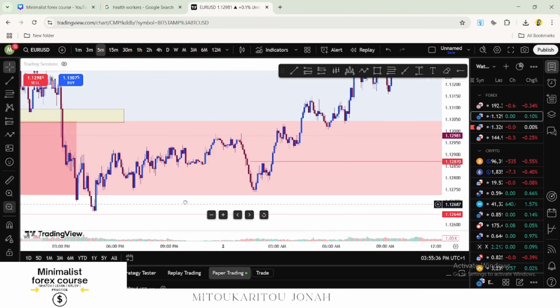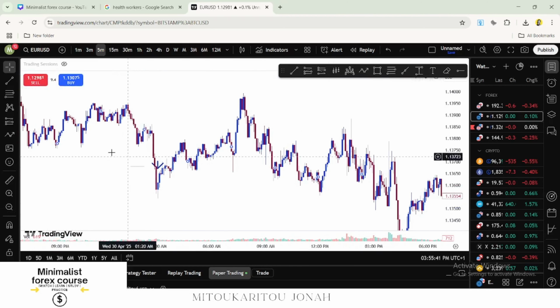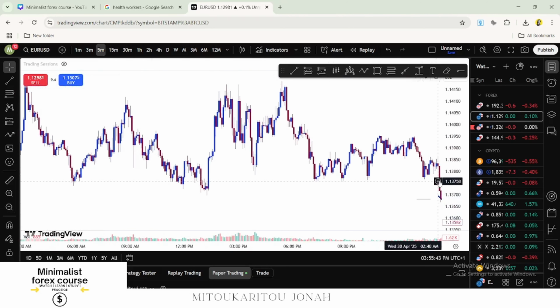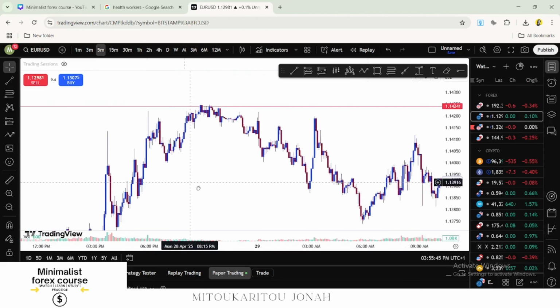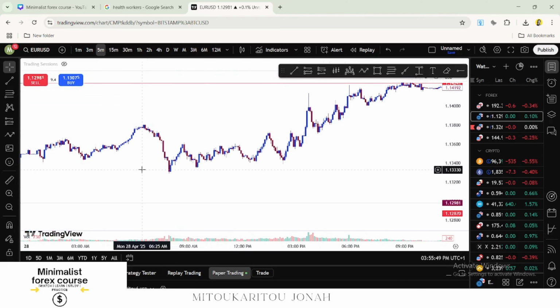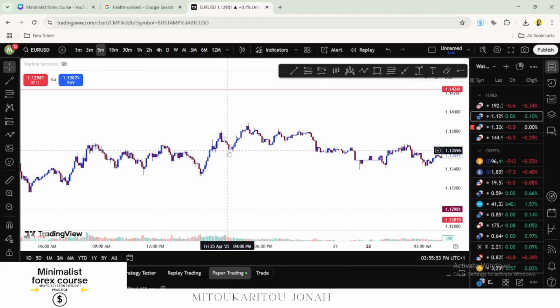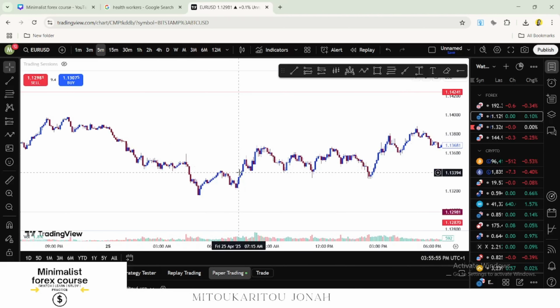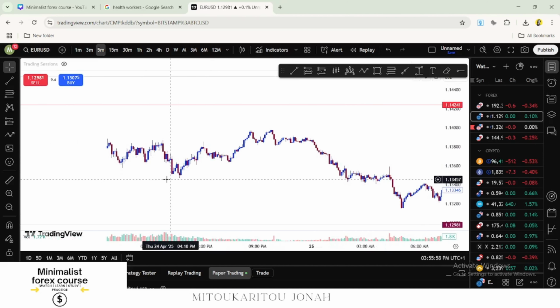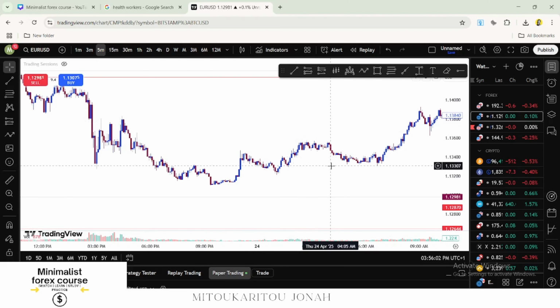I'm just trying to find a consolidating market. Well, I'm actually seeing them, but it's not ideal. I'm looking for an ideal consolidating market, and I can't find it because there's no ideal in real life, but we'll be able to find something we can use. So here, found one.